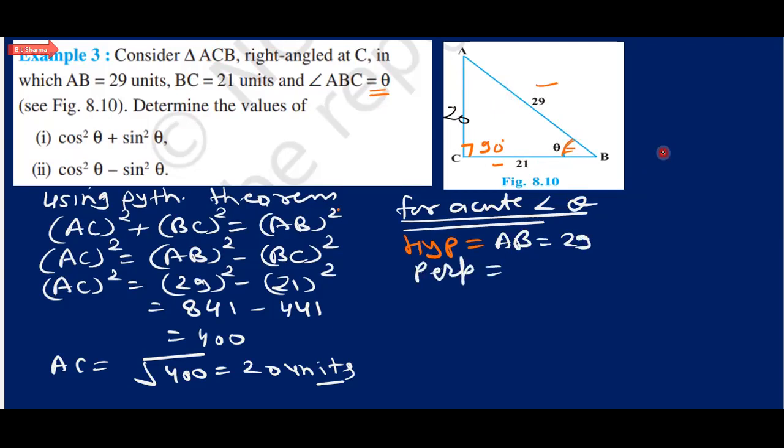Then perpendicular, acute angle हमारा थीटा है, उसके सामने ये जो साइड है AC है, और AC है 20 यूनिट. That is AC, so not centimeter, that is 20 unit. And the remaining third side is base.